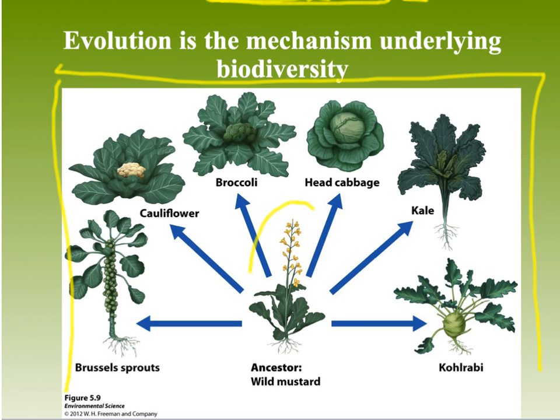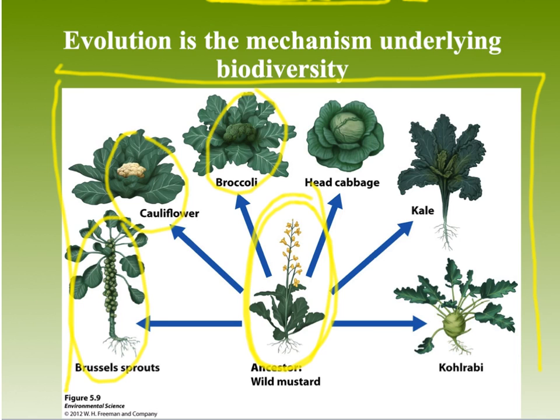Originally we had this wild mustard, and farmers saved seed and passed along, through artificial selection, the traits that they wanted. That's how we got Brussels sprouts, cauliflower, broccoli, and all these different things from this one wild mustard.